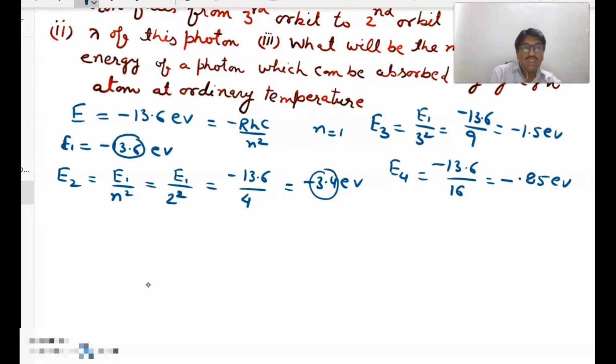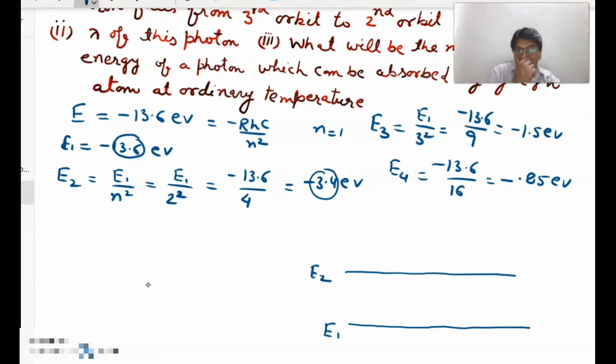or E2 and E3, and E3 and E4 is continuously decreasing, which we can represent. Suppose this is E1, and this is E2, and the separation between E2 and E3 is less than E1 and E2.